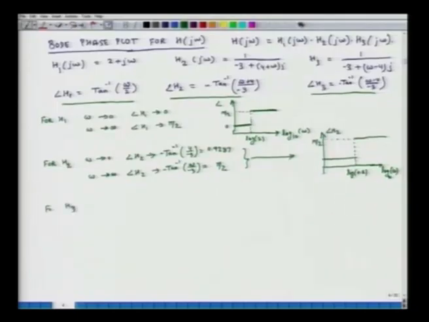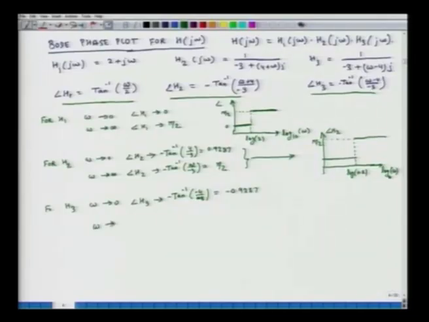For H3, as omega approaches 0, phase of H3 approaches minus tan inverse of minus 4 over minus 3, and that is essentially minus 0.9287.